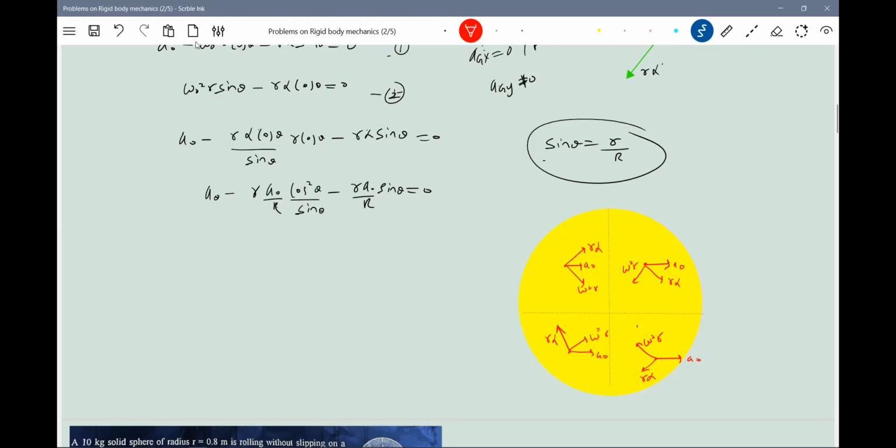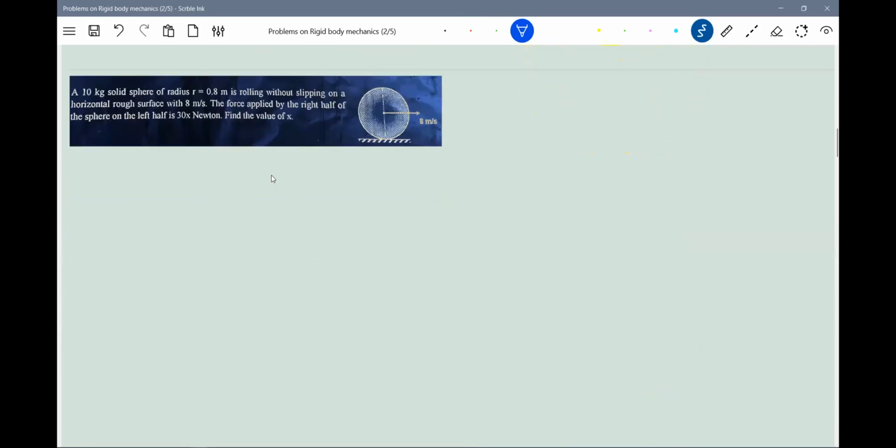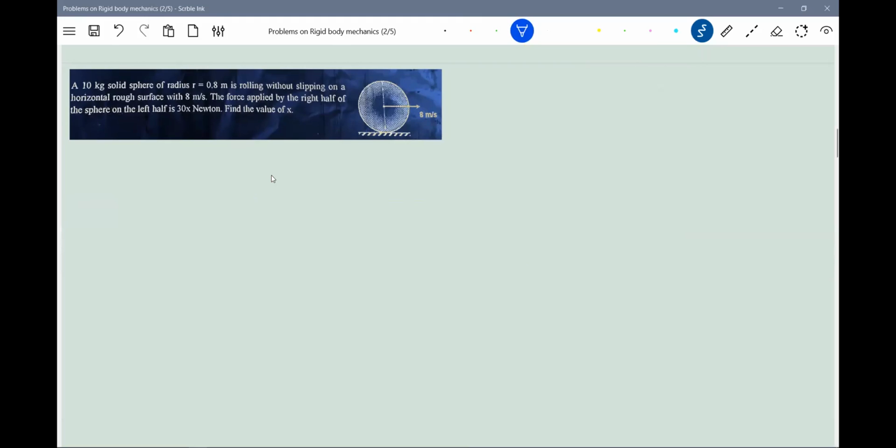Definitely you can see that. In these regions, acceleration becoming zero is not possible, only in this region. So this theta has limitations. The point P has to be located here only. Don't make it generalized. We'll take the next one. It's a very good problem.